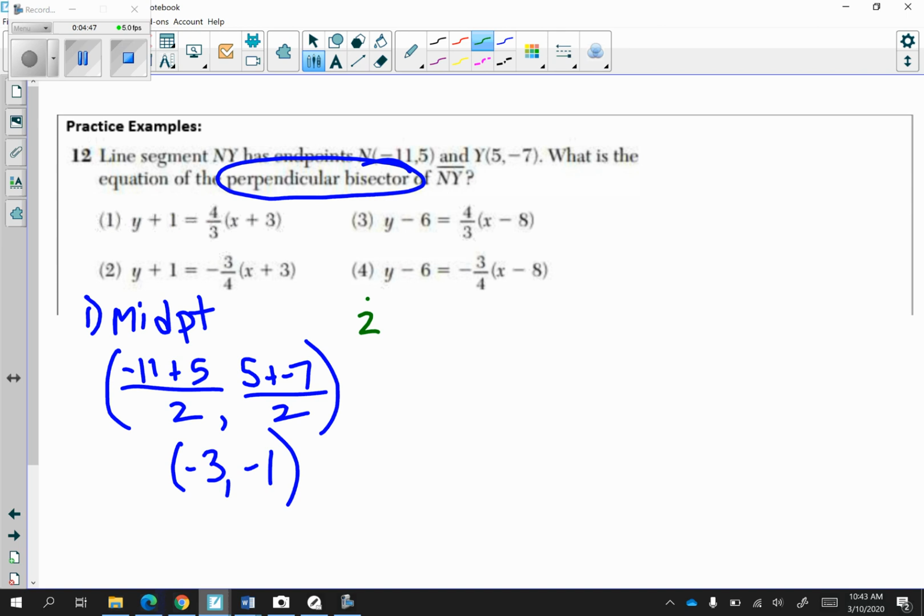Step 2, I find the slope, which is y2 minus y1 over x2 minus x1. So the slope in this case would be negative 7 minus 5 over 5 minus negative 11.